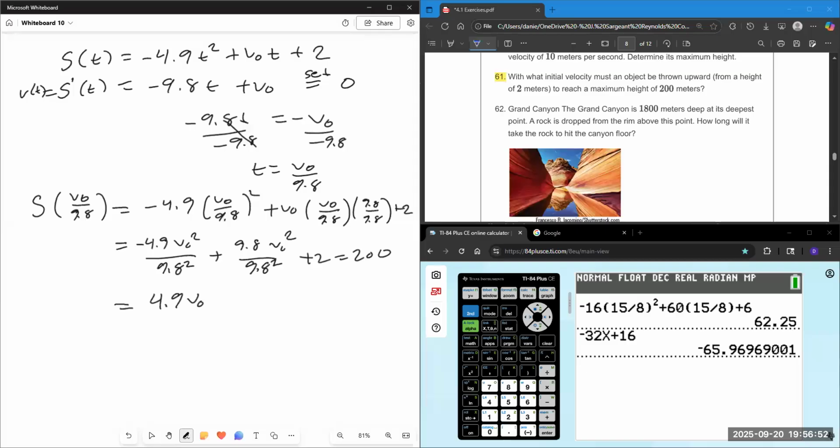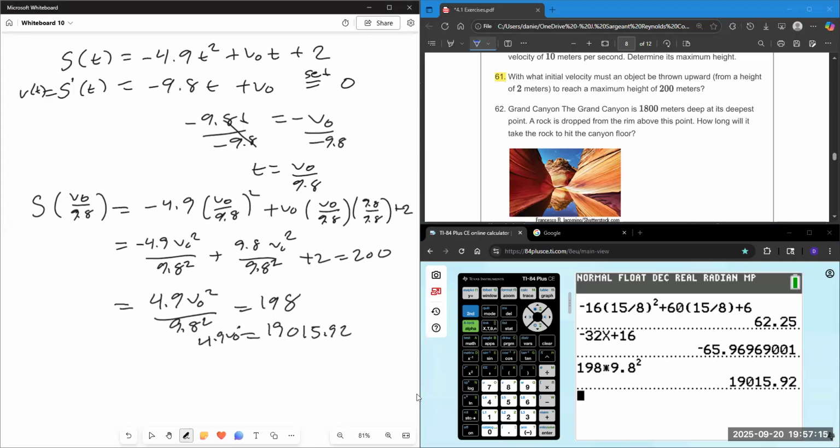So 4.9 v naught squared over 9.8 squared is equal to 198. 198 times 9.8 squared gives me 19015.92 equals 4.9 v naught squared.